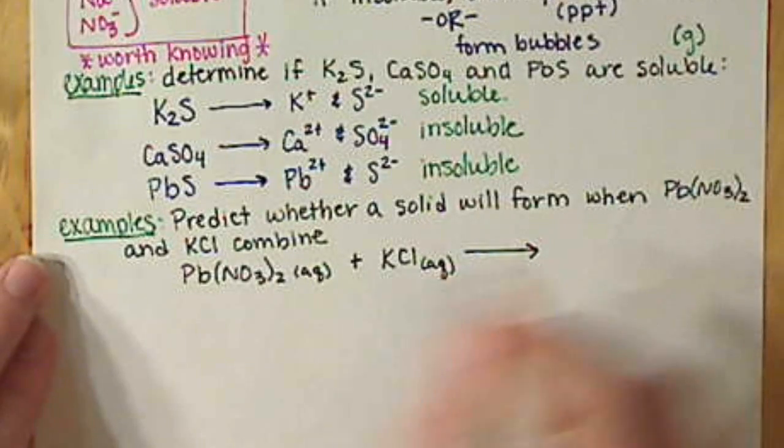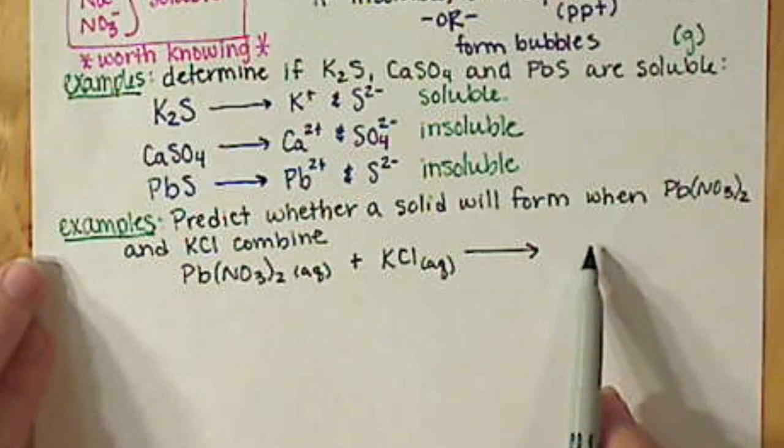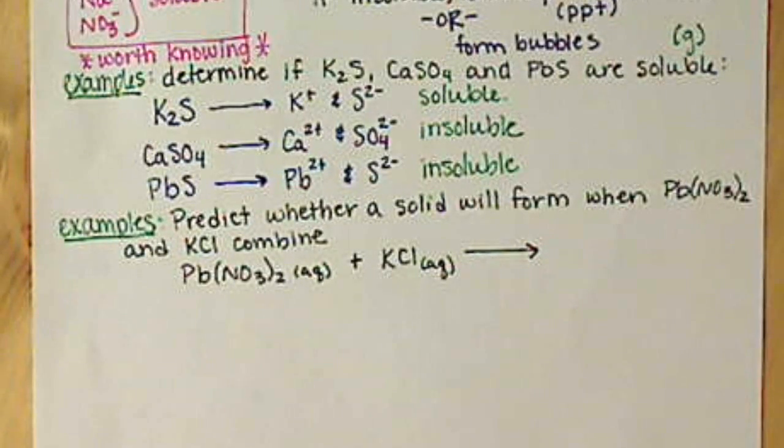What we want to do is try and determine our products here. Once we determine our products, then we can use our solubility rules to determine if they're soluble or insoluble.